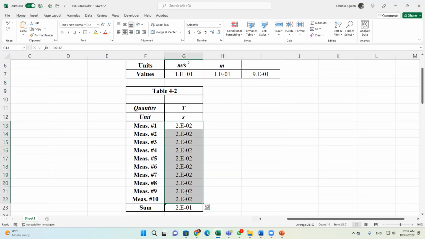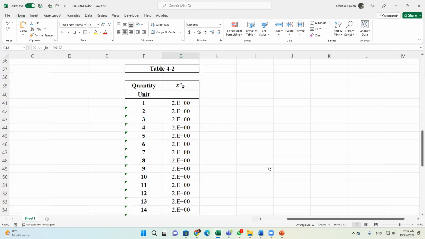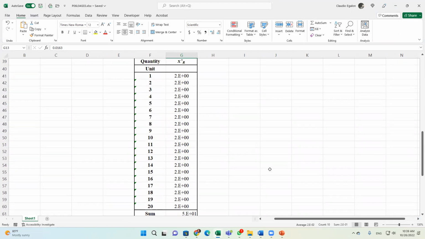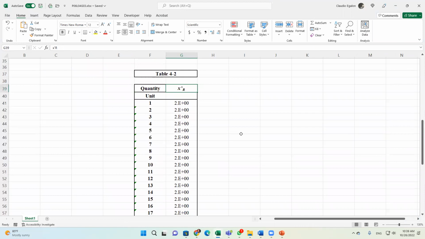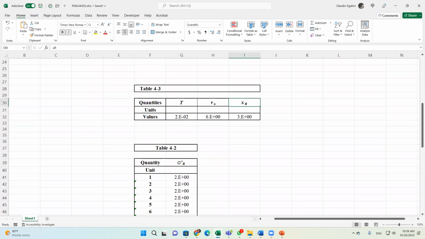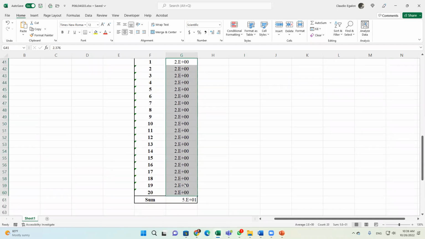Oh, no, sorry, not this one. It's this one here. Okay, I made a distinction between XR and X prime R, okay? XR is your prediction. X prime R is your measurement. So it's around 2 meters.